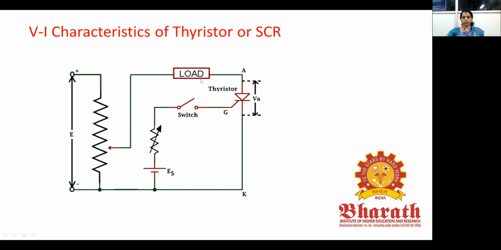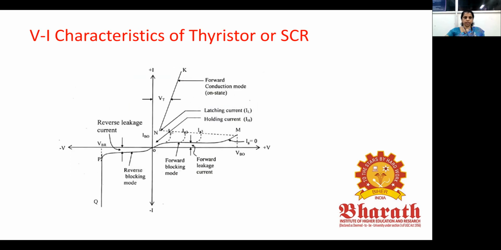So what we are going to do is obtain the variation of voltage with respect to current of a thyristor. So here we have the VI characteristics of an SCR.